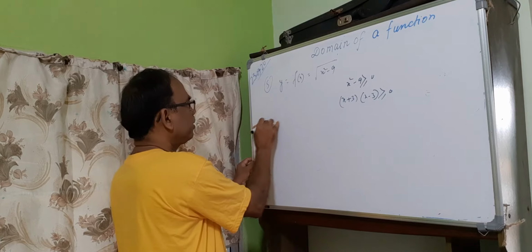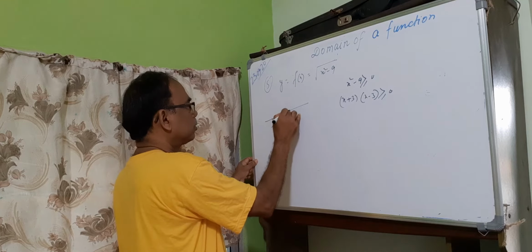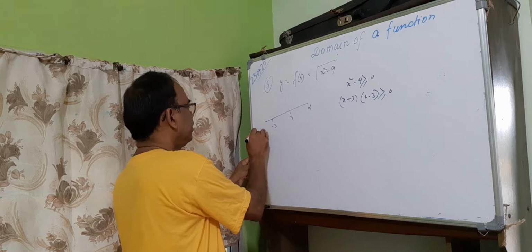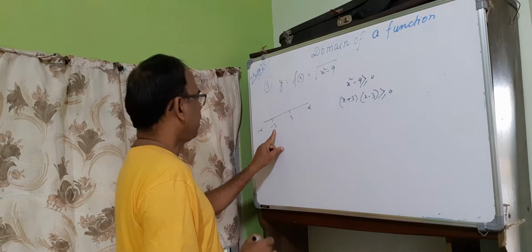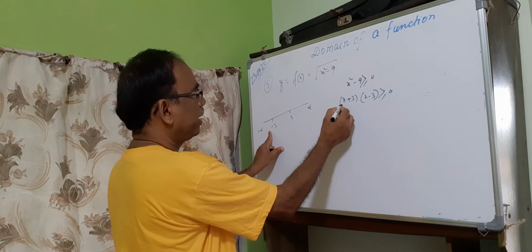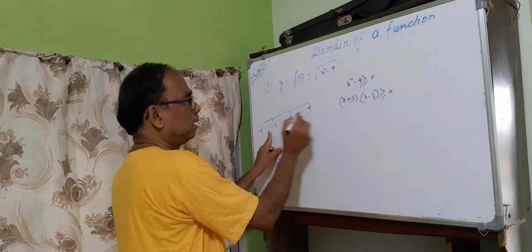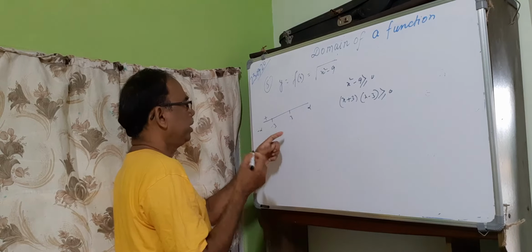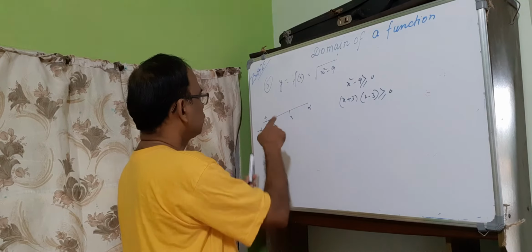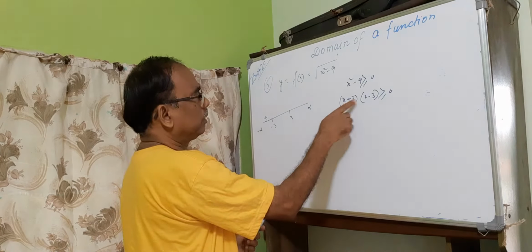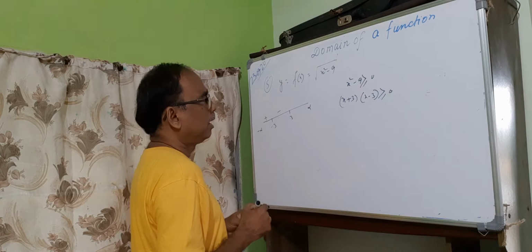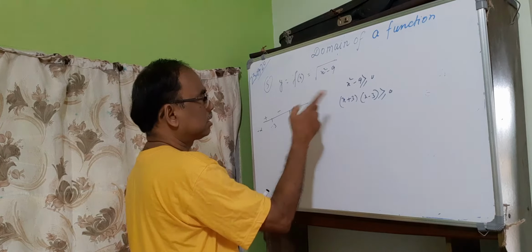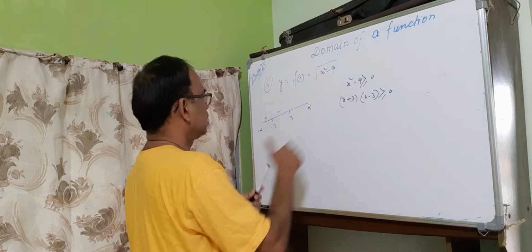Now, on the number line, minus infinity, minus 3, 3, infinity. Take minus 4: minus 4 plus 3 is negative, minus 4 minus 3 is negative, so this is coming positive. Between minus 3 and 3, suppose there is 2: positive, negative, so this is coming negative. And from 3 to infinity, take 4: positive, positive, so this is positive.